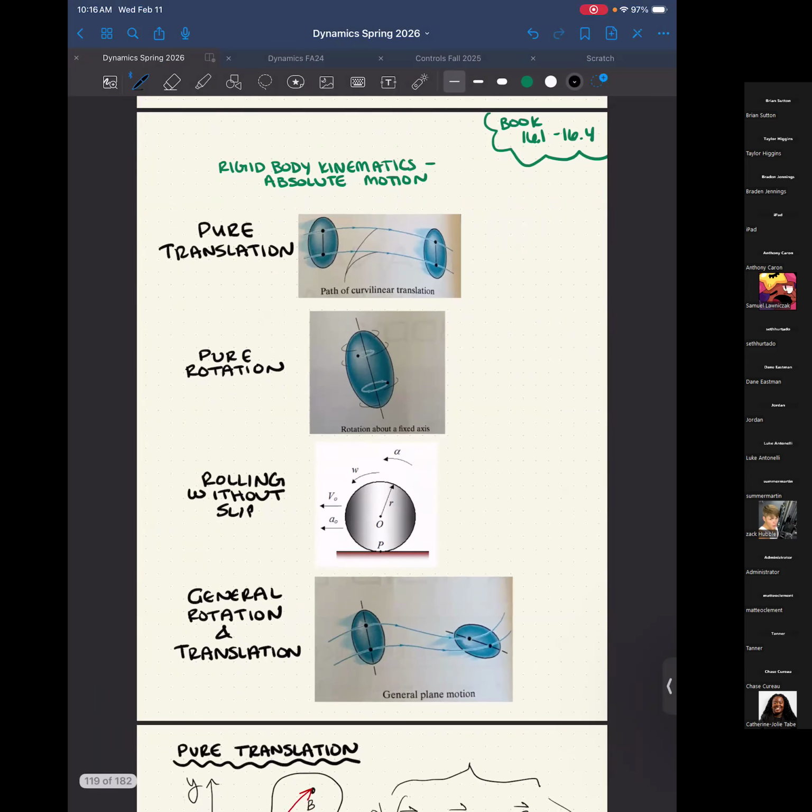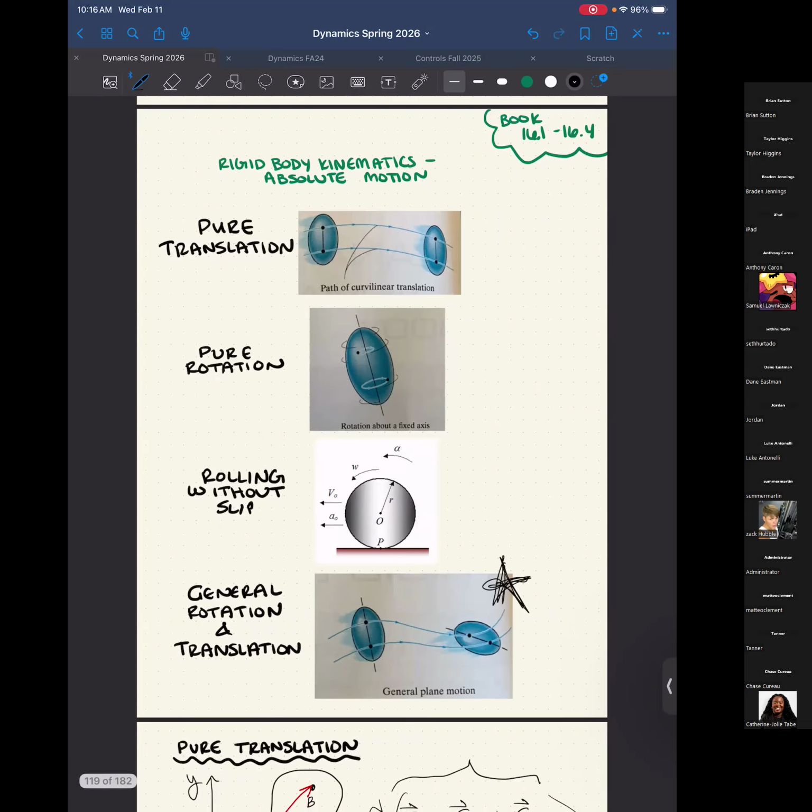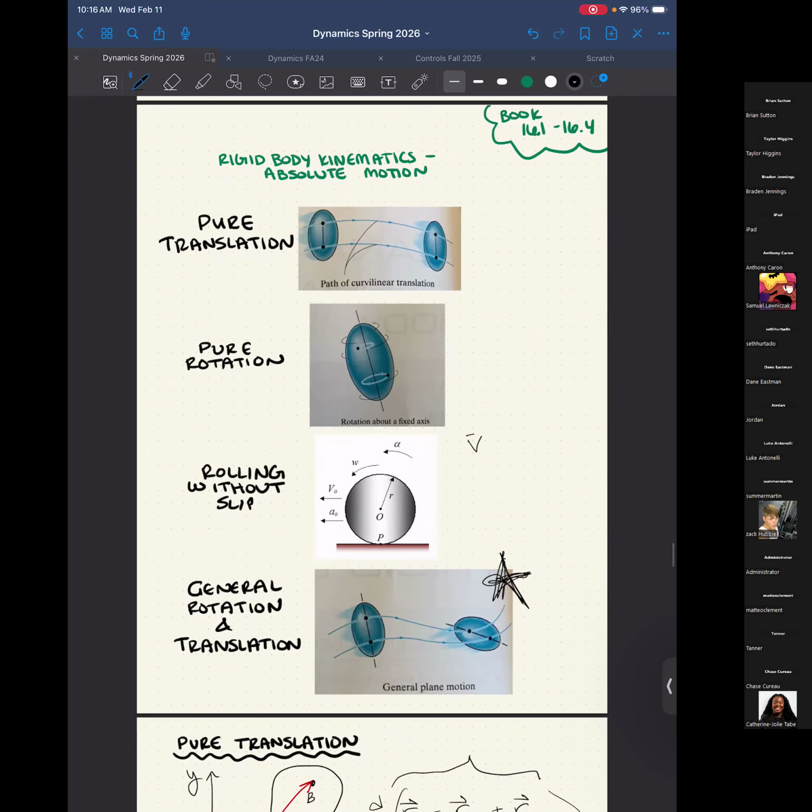So I want you to think of the 2 equations we just covered. Those go with this picture. Rolling without slip, we get certain relationships about certain points on this body. So we know that the velocity of O is equal to omega R i hat. The velocity of point P is 0.